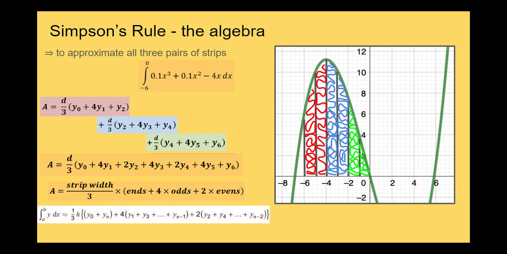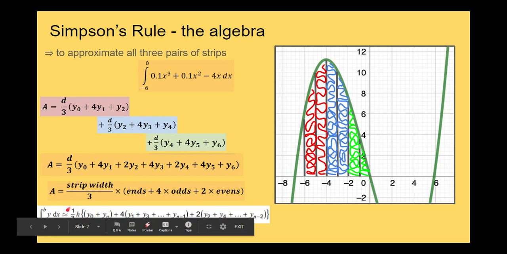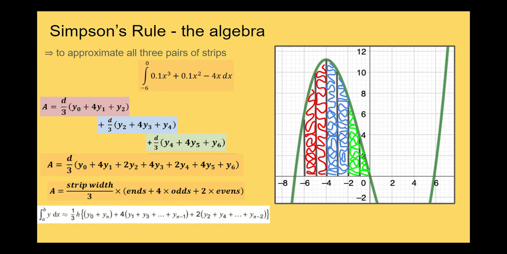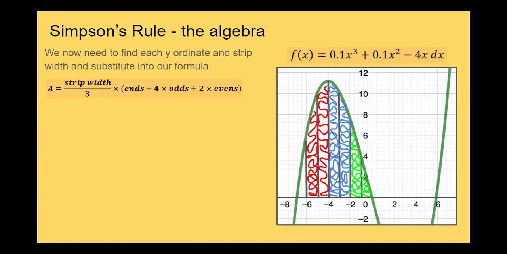And I said we'd come back to this. This is what's in the formula booklet, and there we've got it. We've got a third times the strip width, then the ends, and then 4 times the odds, and 2 times the evens. So we've got our formula.